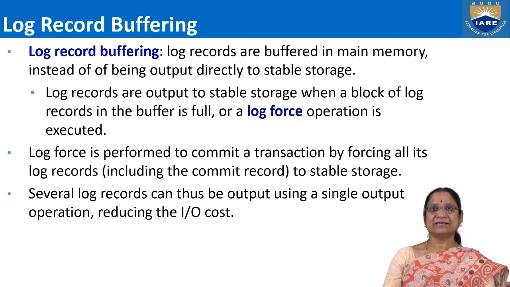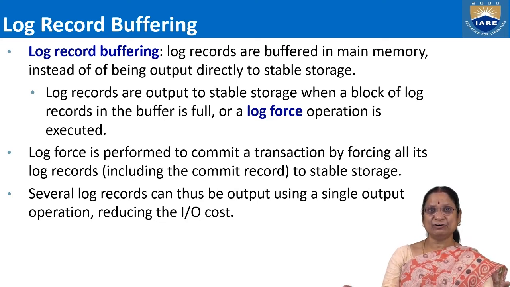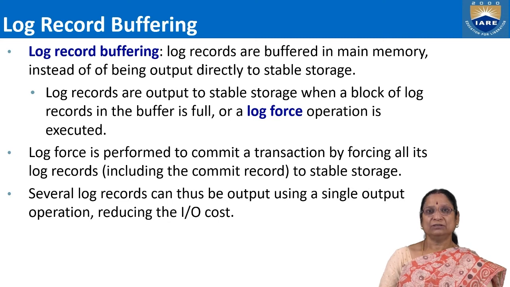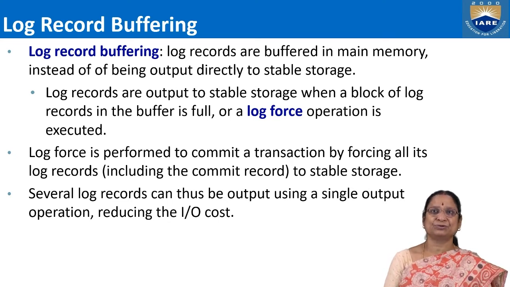How are these log records going to be stored, where are they going to be stored, how are the log records going to be buffered? That means we again get back to our buffers. Those are managed using our log record buffering system. Log records are buffered in main memory instead of being output directly to stable storage every time.